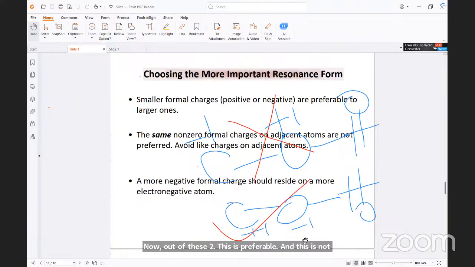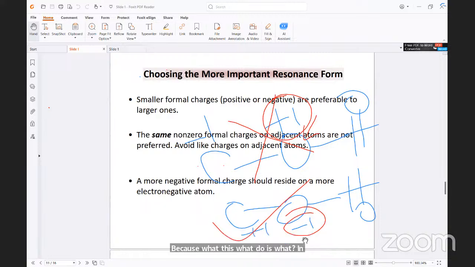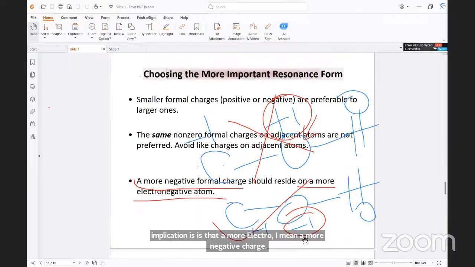Why? Because oxygen is more electronegative than carbon, and oxygen is now carrying positive here instead of carrying negative. Because the implication is that a more negative charge should reside on a more electronegative atom.